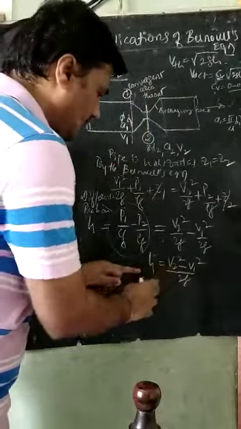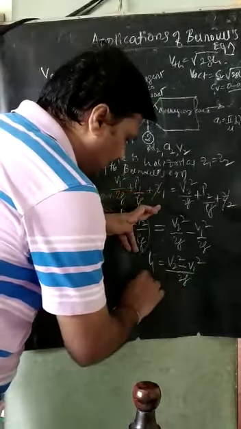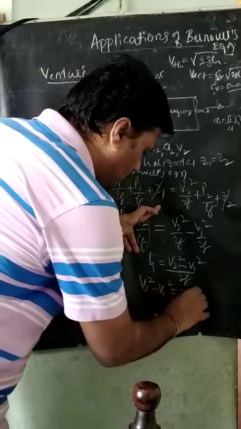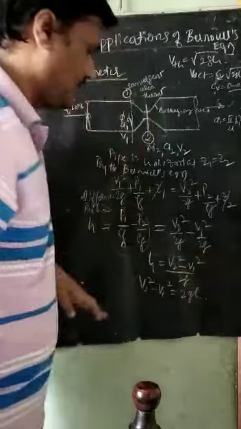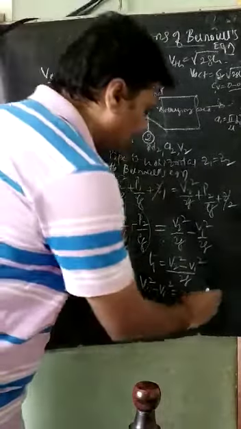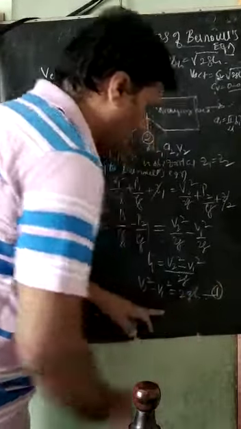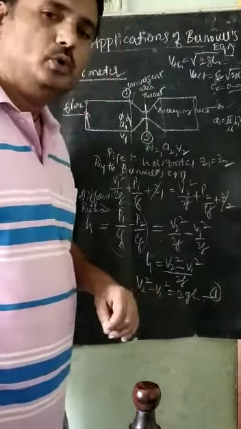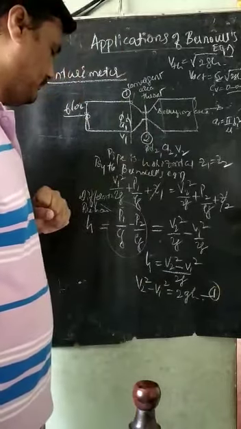We can simplify this equation mathematically: P2 square minus P1 square is equal to 2gh. Call this equation number 1.